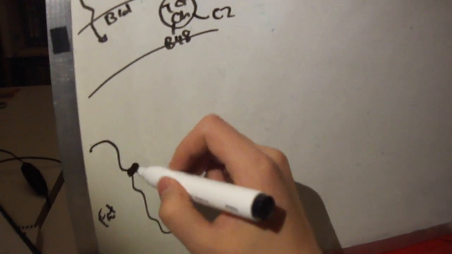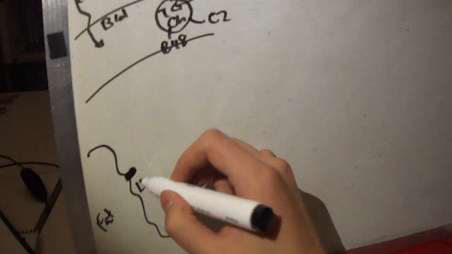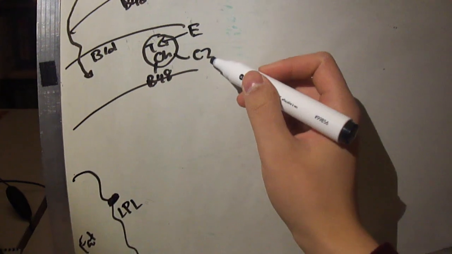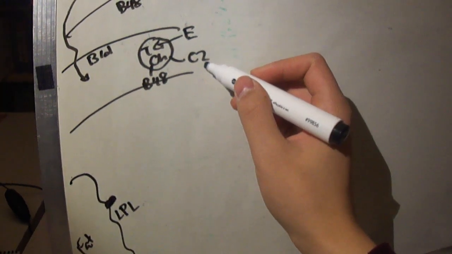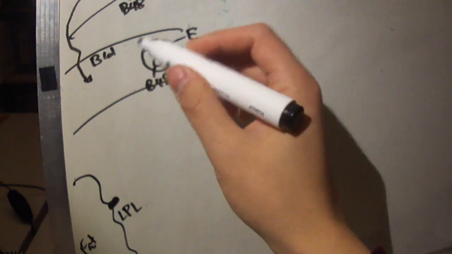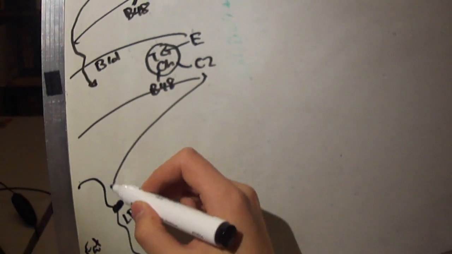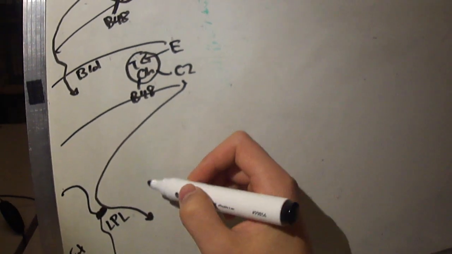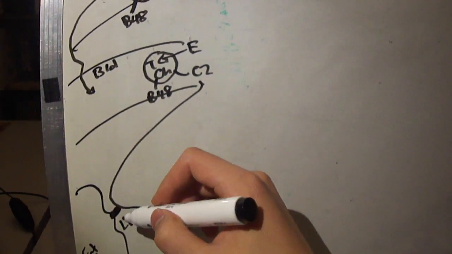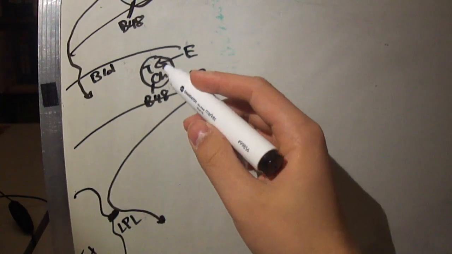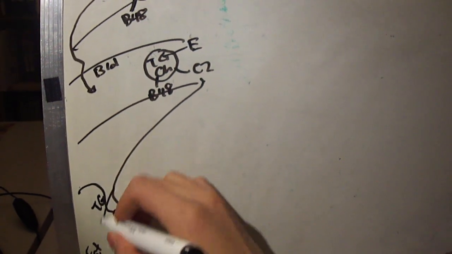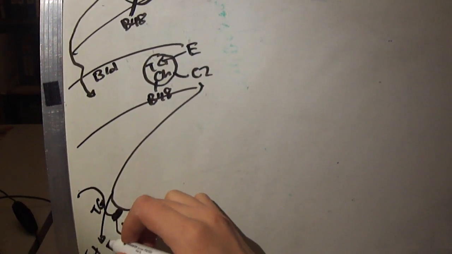Fat tissue has enzymes such as lipoprotein lipase. The C2 apolipoprotein is going to track this chylomicron to the fat, and the lipoprotein lipase is going to break down the triglyceride and take it into the fat in the form of free fatty acids, which is what the fat likes to use.